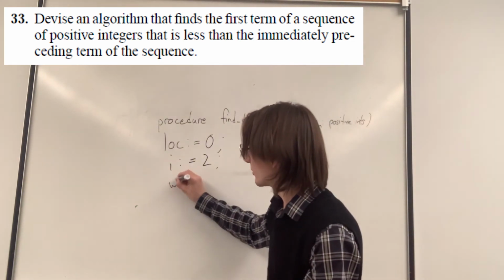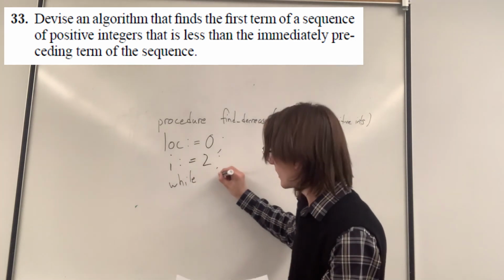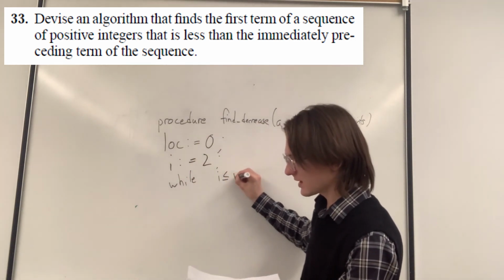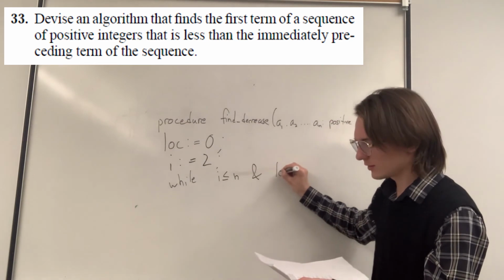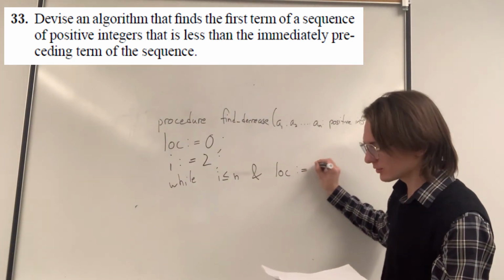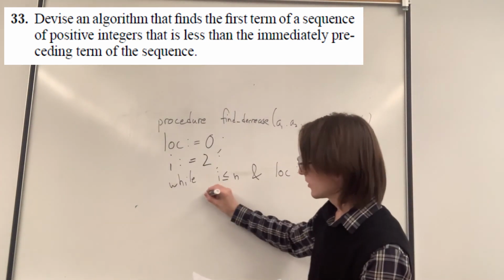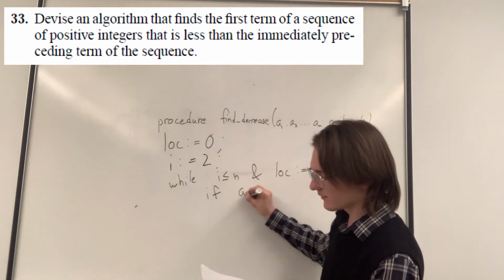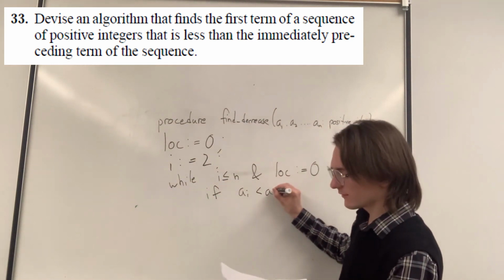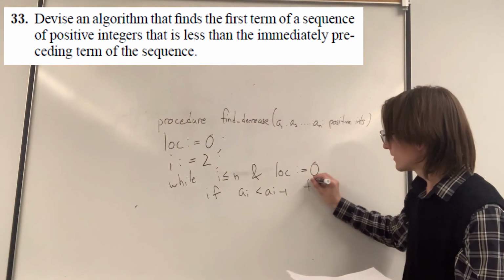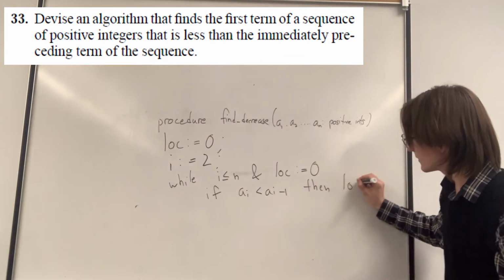From there, we have a while loop. Let's say while i is less than or equal to n, and the location is currently equal to 0, we do the following. If a of i is less than a of i minus 1, then we update the location.